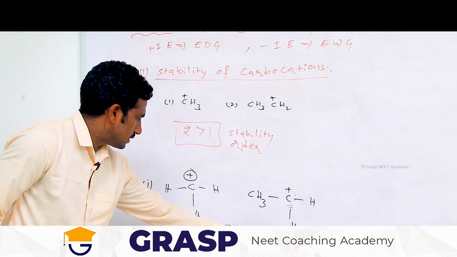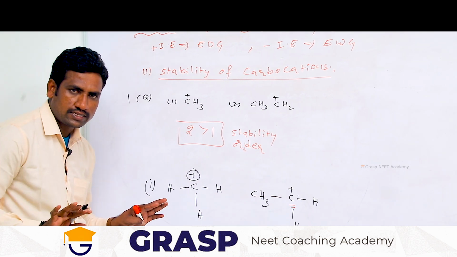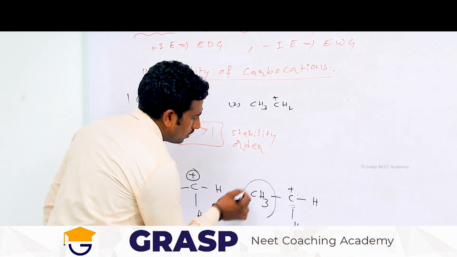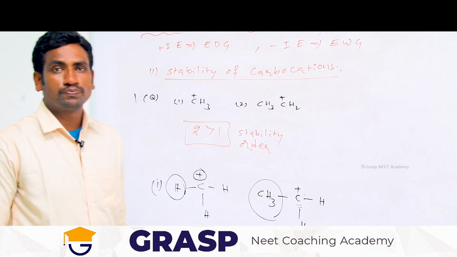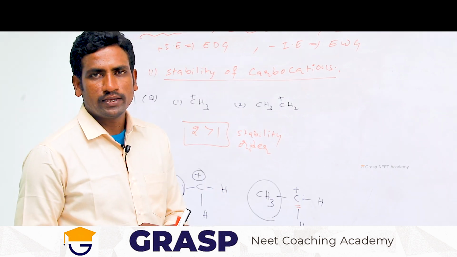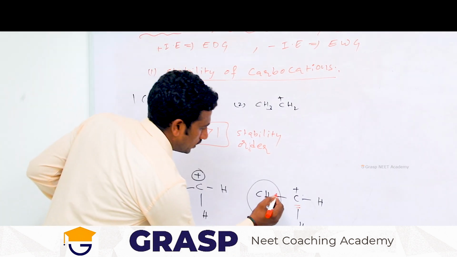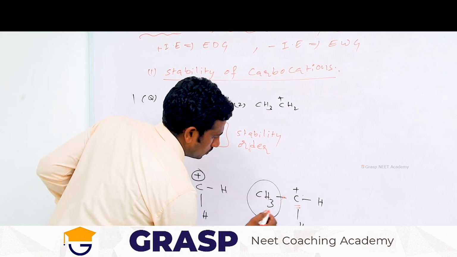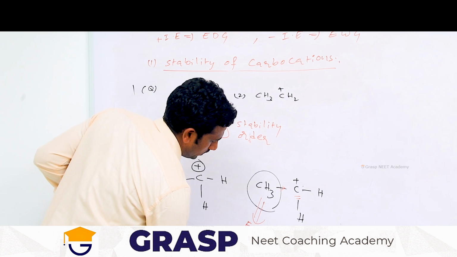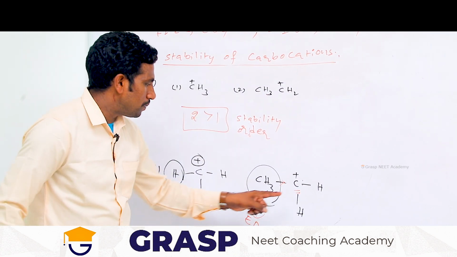This hydrogen gets cancelled. Here, instead of one hydrogen, we have some group, that is the methyl group. This methyl group can donate the electron to the carbocation. How can it donate? It can donate like this. Because of this, it is an electron donating group. See what will happen?